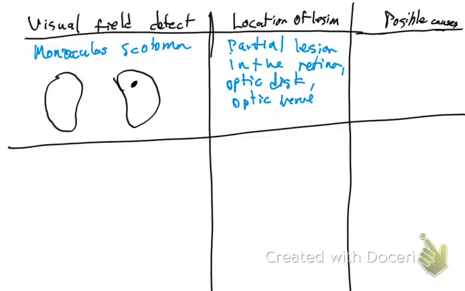Actually, monocular is a wrong spelling. Let me just fix it. There we go. So now the possible causes of this one are macular degeneration, and also optic neuritis.